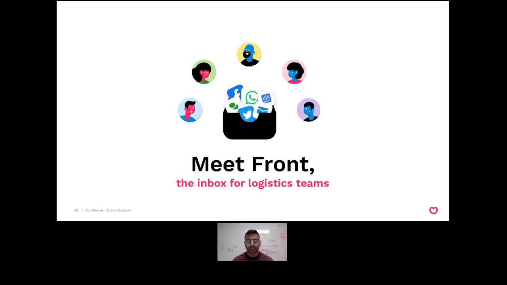I'll go deeper into some of the other teams that we're working with, but really we're trying to solve this problem for logistics and supply chain teams that are dealing with high volume email, that have to coordinate between multiple teams and parties that don't have the visibility into what's being sent out, and really just aren't able to scale because they're not able to respond fast enough or deal with this high volume mess.